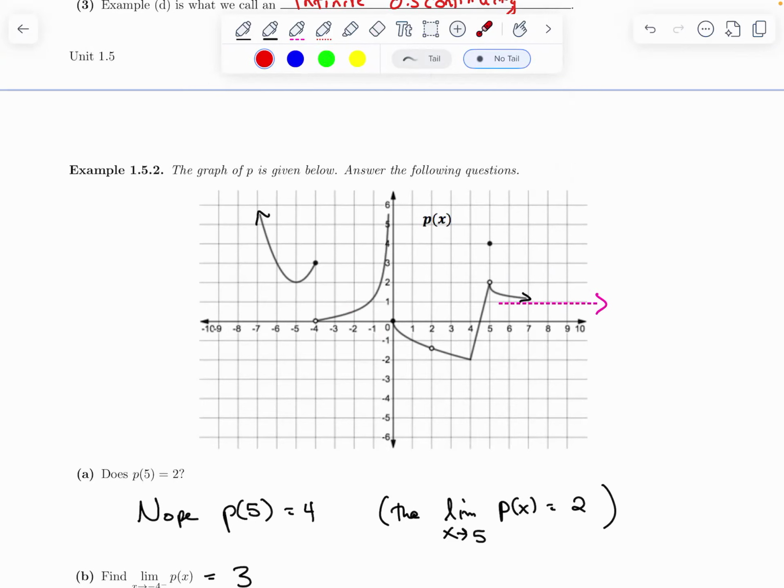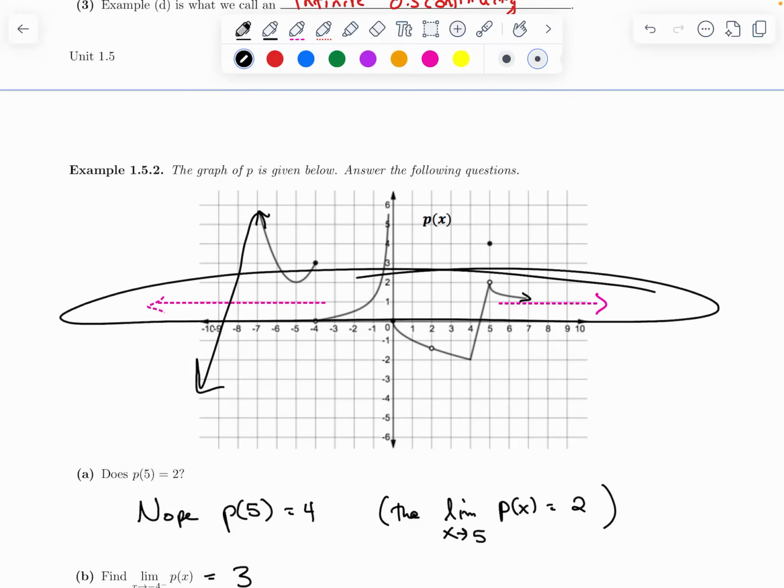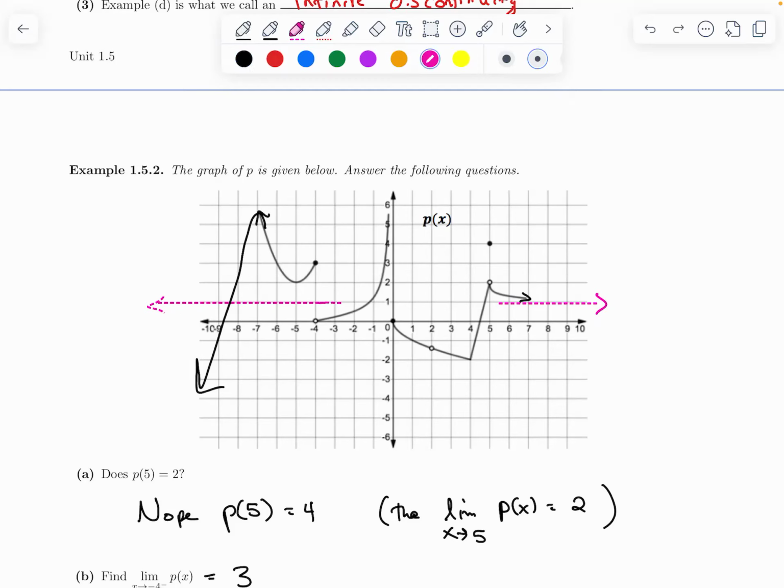Yeah. But if the arrow was pointing down, it couldn't go through it, right? It could go through it. If it was a horizontal asymptote like there, you could have this curve go like that. That's fine, because this would be connected all the way through, because there technically is a horizontal asymptote through y equals 1.